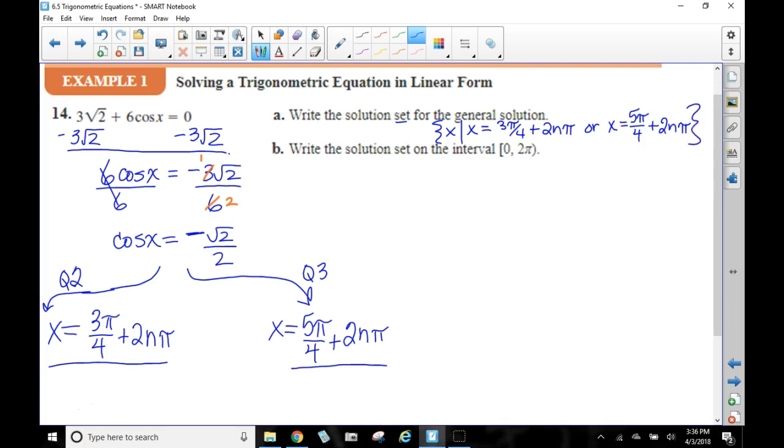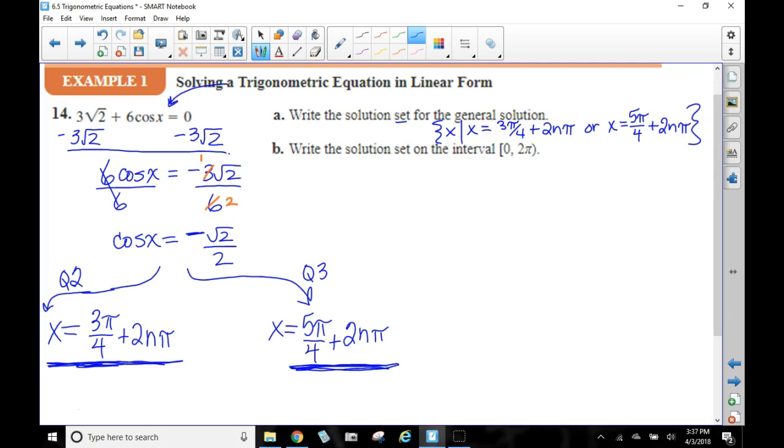That's my solution set written in set builder notation. And it's saying every time you hit an angle here in quadrant 2 or in quadrant 3 that is coterminal with either 3 pi over 4 or 5 pi over 4. You can check back up here in your original equation.